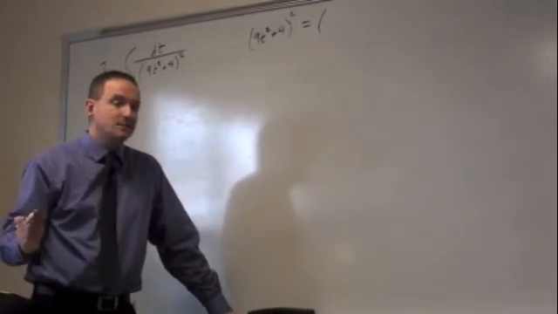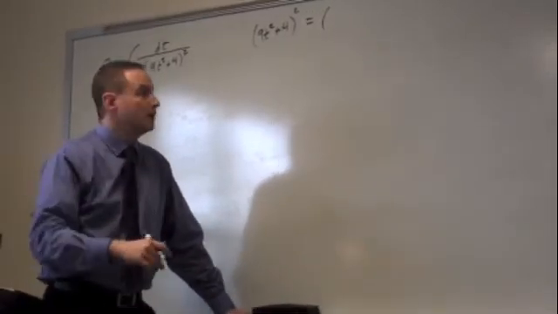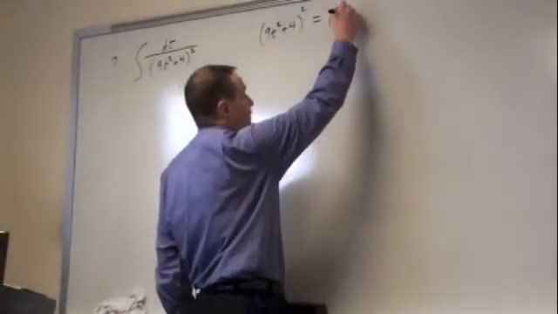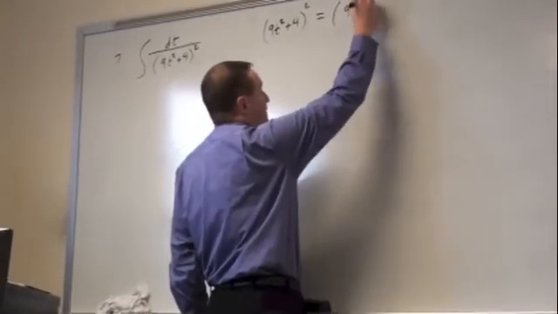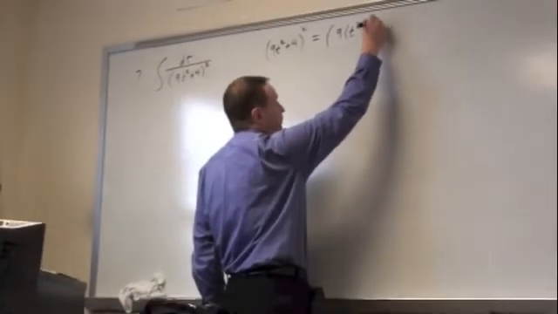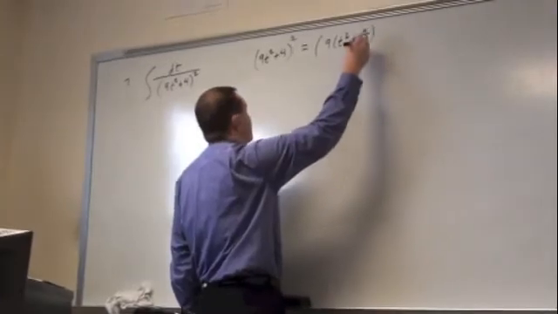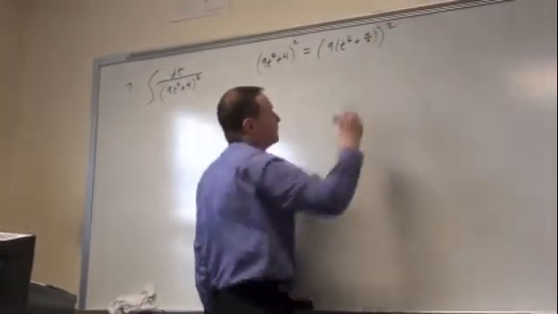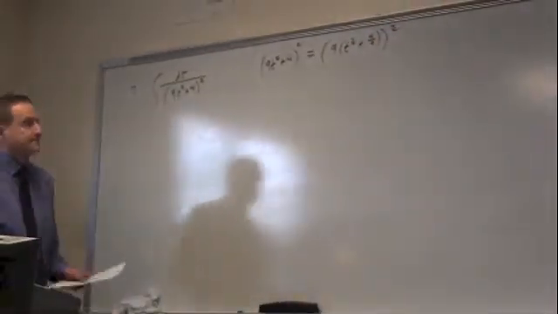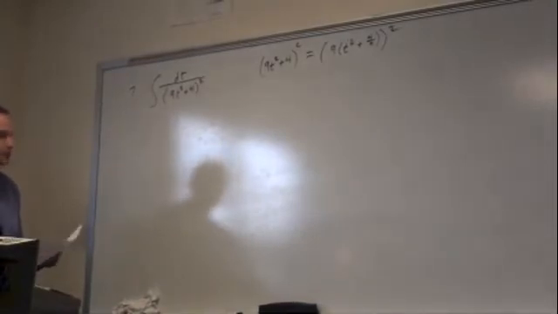I need t squared plus a squared. So I'll just factor the 9 out of that group. And I'll get t squared plus 4 over 9. And all of this group is still squared. So I can say that's a legitimate maneuver.